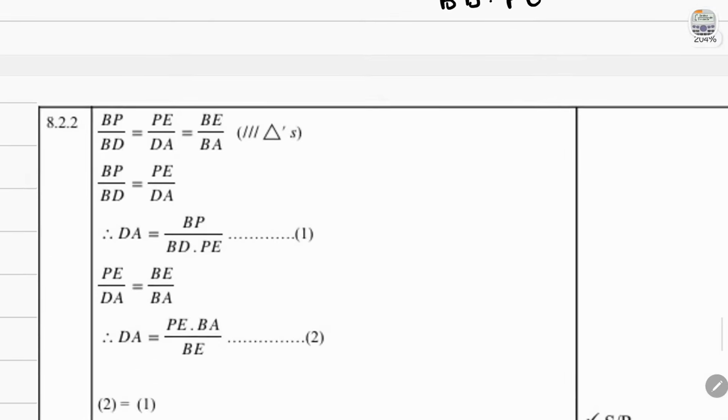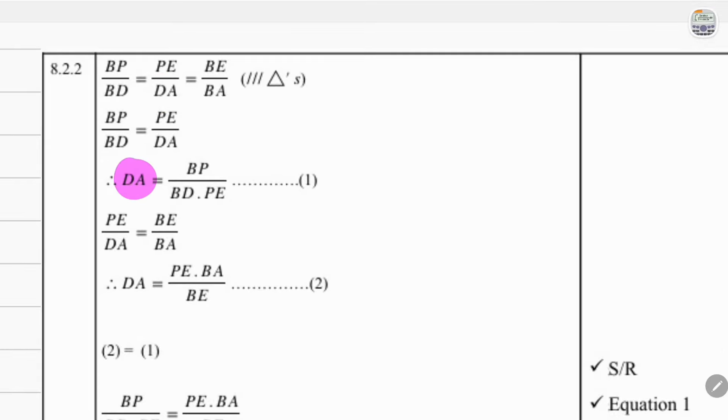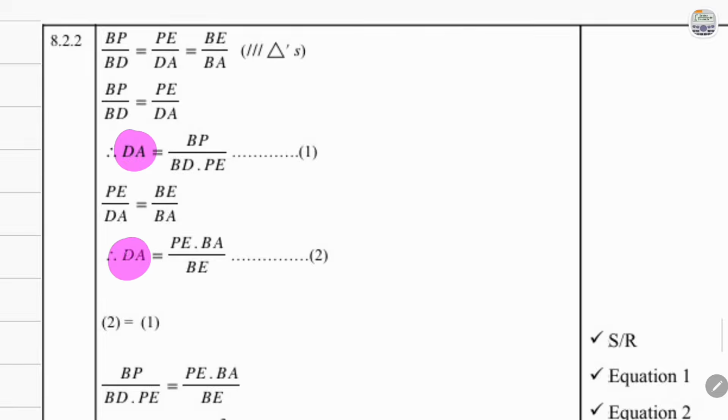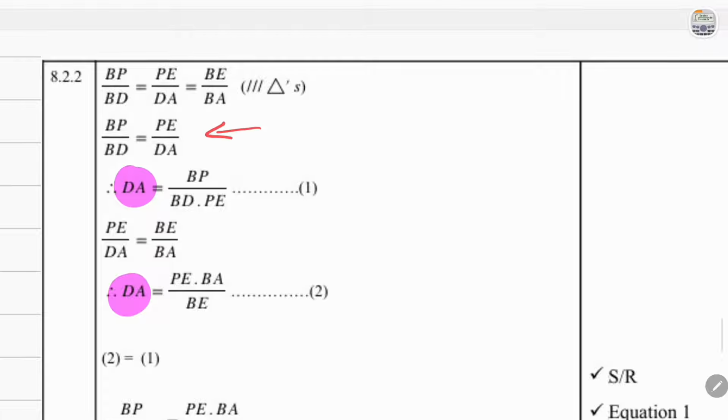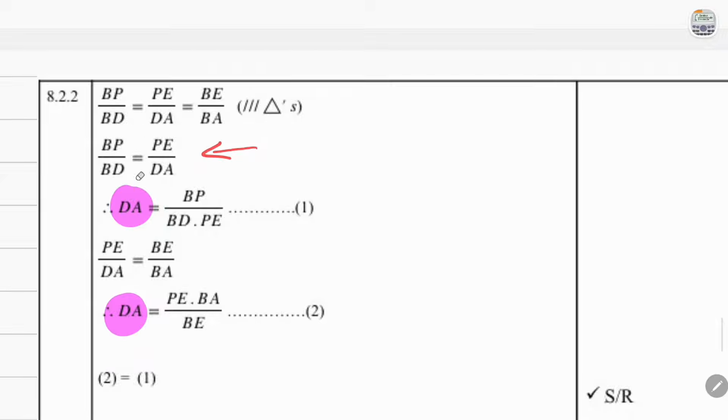But the problem was, they spotted DA, that was good. And then they made DA the subject in one equation and in the second equation. The problem was this first equation. Up until here, this is still true. If you say BP over BD is equal to PE over DA, then that is correct. But then once you decide to make DA the subject here, you see how this equation is not going to make any sense now.